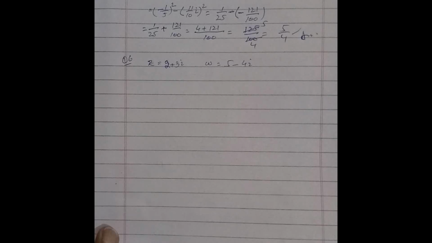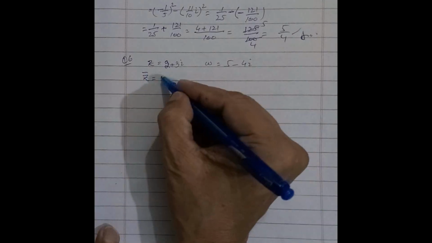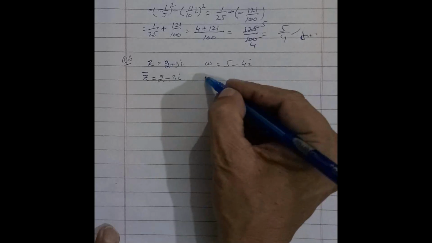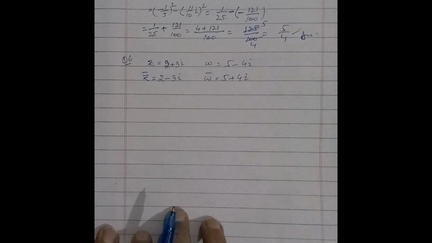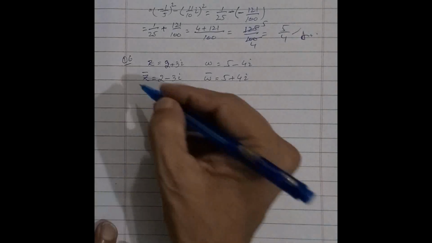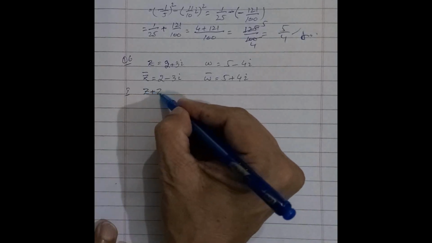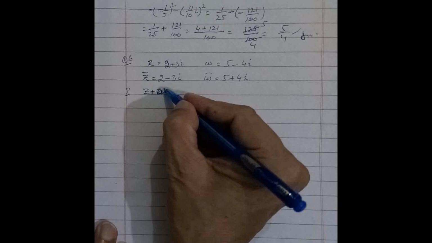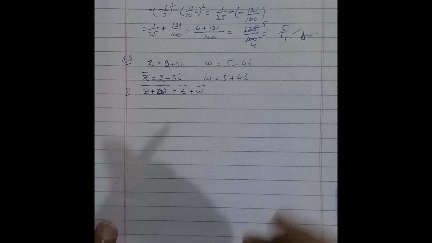In this question, we require Z bar, meaning the conjugate of Z, and W bar, which is the conjugate of W. So we arrange Z bar, which is 2 minus 3 iota, and W bar, which is 5 plus 4 iota. The part 1 is Z plus W whole bar is equal to Z bar plus W bar.